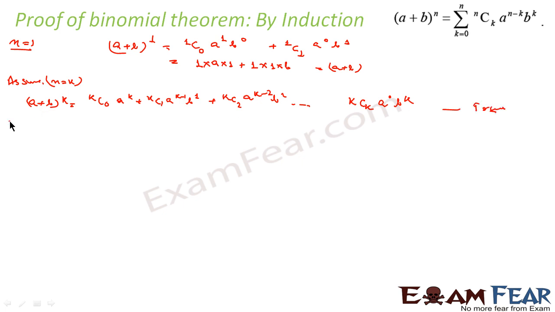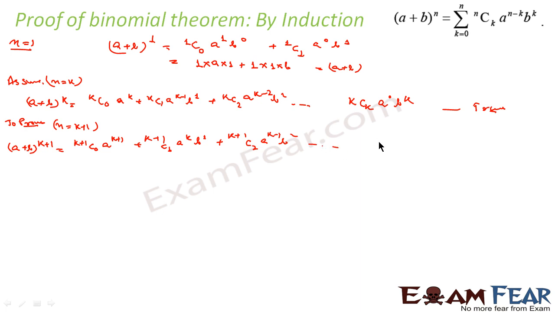Now we have to prove that it is true for n equal to k + 1. So to prove it, let's expand (a + b)^(k+1). This will become (k+1)C0 a^(k+1), correct, plus (k+1)C1 a^k b^1, plus (k+1)C2 a^(k-1) b^2, and so on.